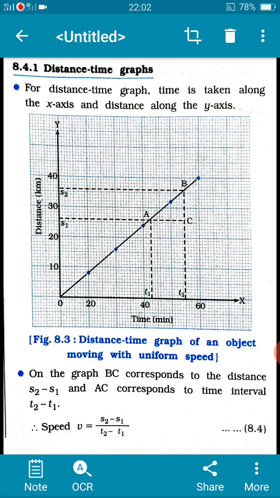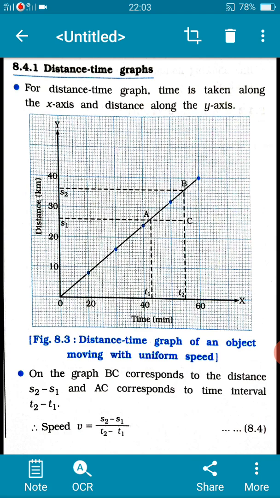So now, already I told you, the distance versus time graph can be used to determine the speed of an object. From this graph, see how the speed of the object moving with uniform speed is determined with the help of the distance versus time graph.